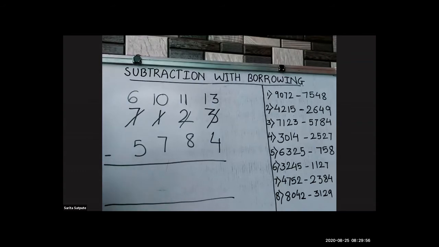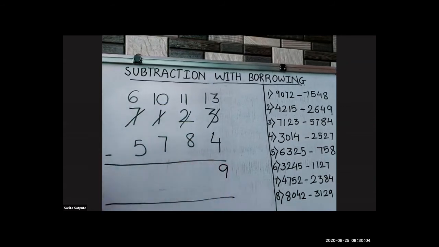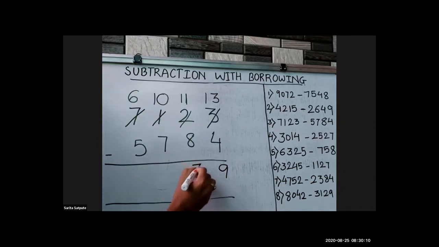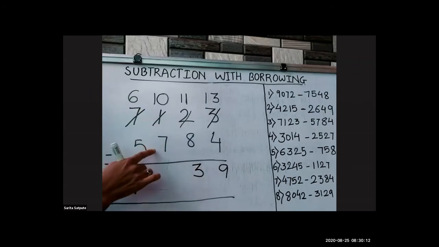Now you can subtract easily. So now quickly tell me the answer. 13 minus 4, 9. Very good. Very quick answers you are giving. 11 minus 8, 3. Very good. 10 minus 7, 3. Okay. And 6 minus 5, 1.